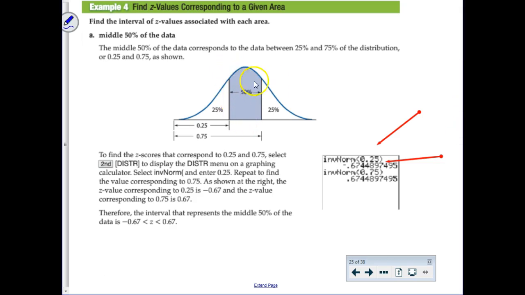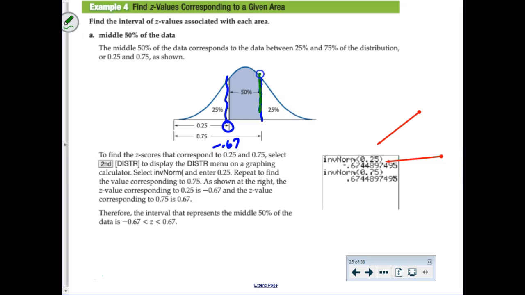So here's what's happening. When I use inverse norm on my calculator, did it give me negative or positive? It gave me negative. It gave me the left tail, so it defaults to giving me the lower z-score. But we know that there's symmetry, right? So the lower 25% is a z-score of negative 0.67.